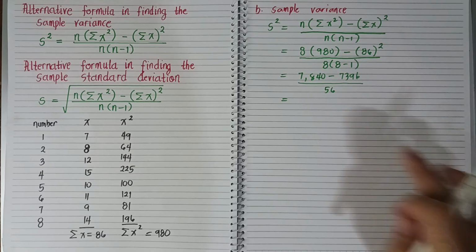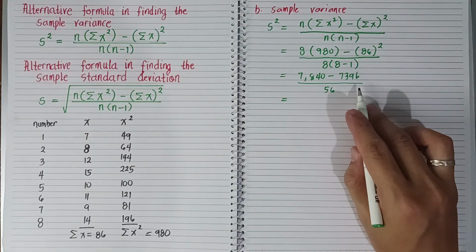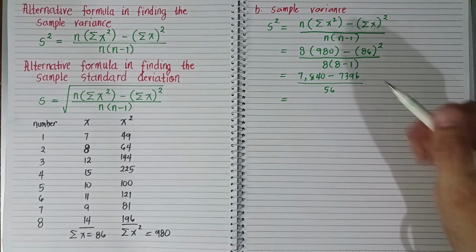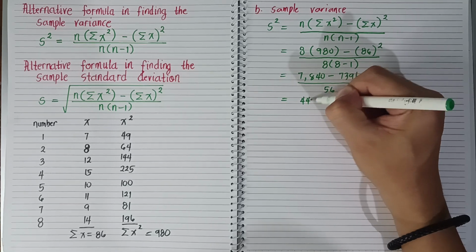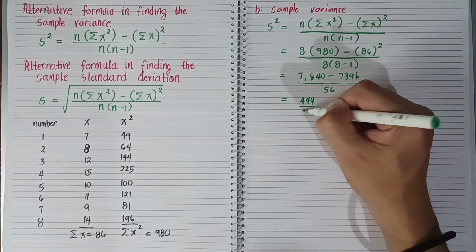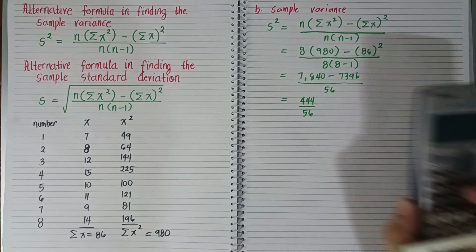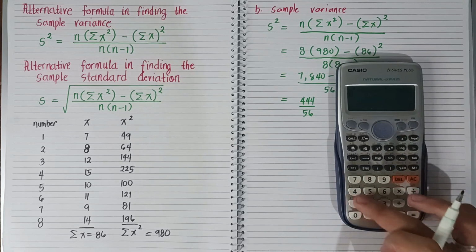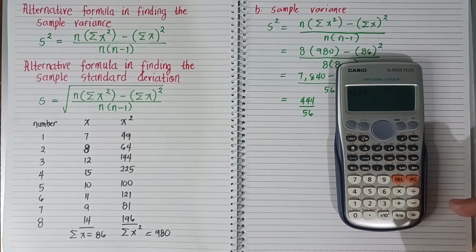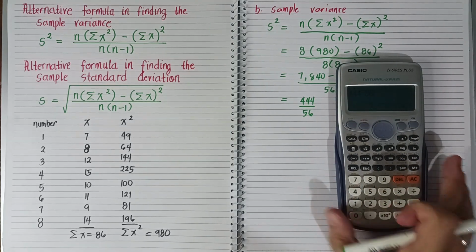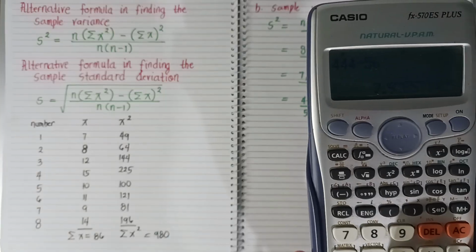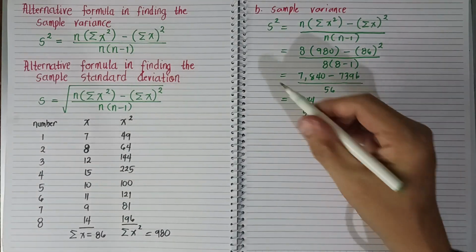So, guys, dito, kapag pinag-subtract natin yan, yung sa numerator natin, that is equal to 444 divided by 56. And then, gamit tayo ng calculator, 444 divided by 56, that is equal to 7.928 or 7.93.